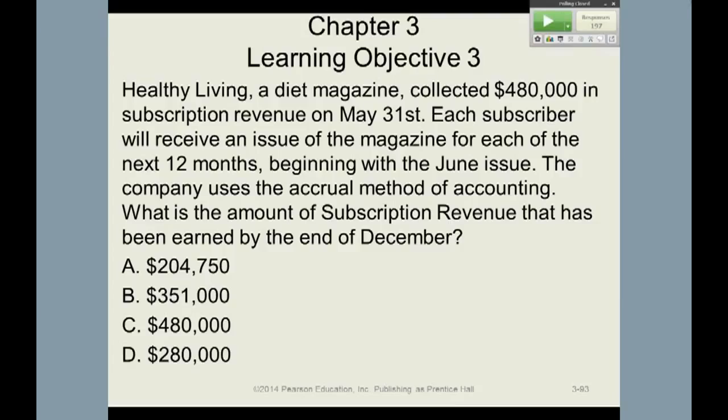So they collected 480 of subscriptions on May 31st, and it's for a 1-year subscription or for 12 months. The company uses the accrual method, and what is the subscription revenue at December, essentially, when they report in December? So you would have to come up with the revenue that they're going to report from the end of May or June 1st through December.